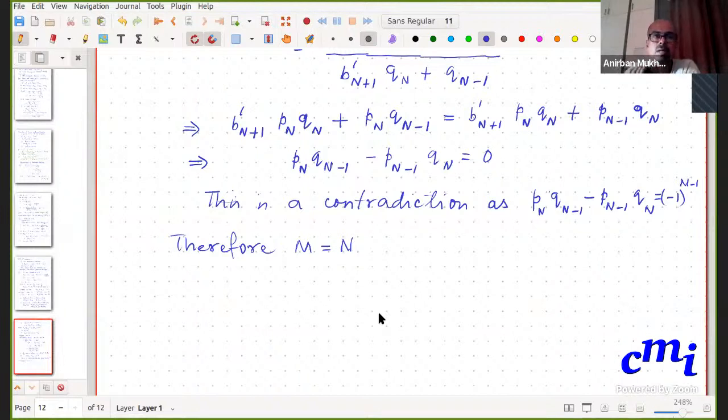Next day we need to do this algorithm. That won't take much time. Yeah, next day we can start looking at the approximation by continued fractions.